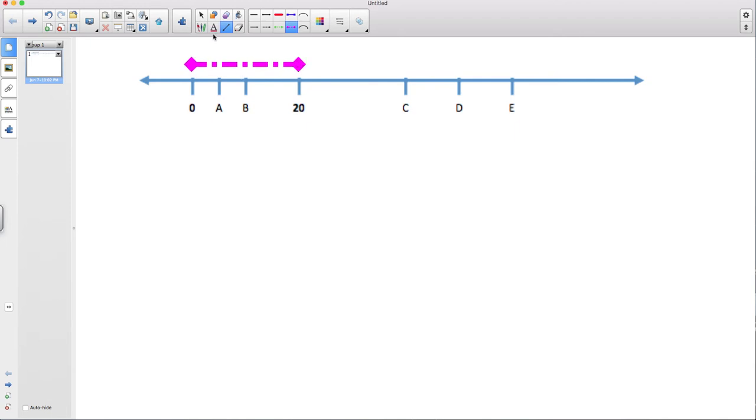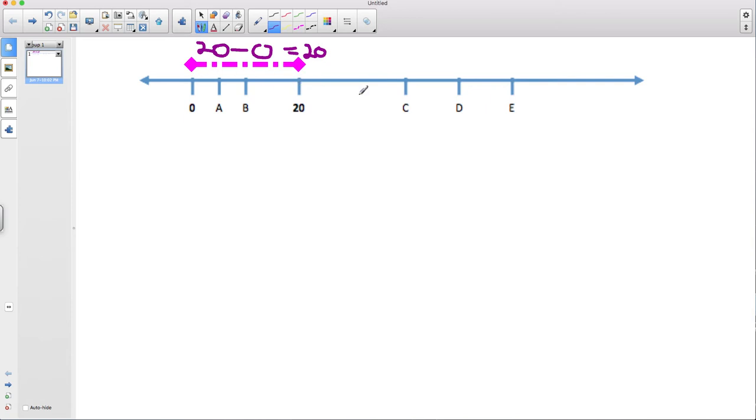And so we want to find out how long that line is, or in other words, the difference between 0 and 20. So what I could do is I could actually say that that distance is 20 minus 0, which of course you know equals 20. So my scale is 20. From 0 to this point is 20.